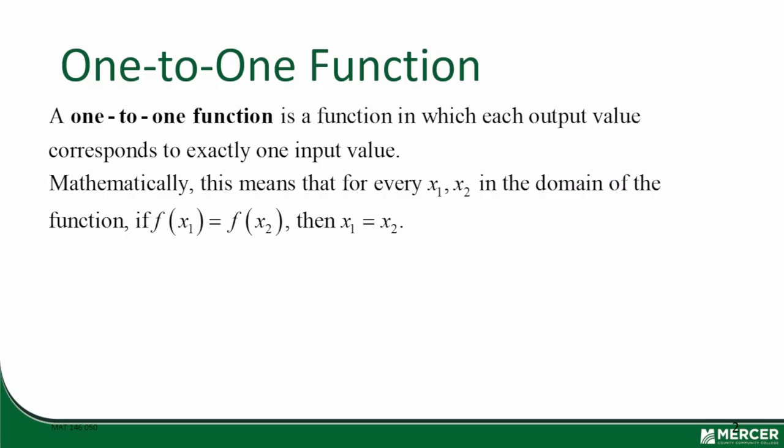For the most part, every function we study in this course will be onto. And there are other names for these. So you may hear me refer to a one-to-one function as an injection. Onto functions are also called surjections.